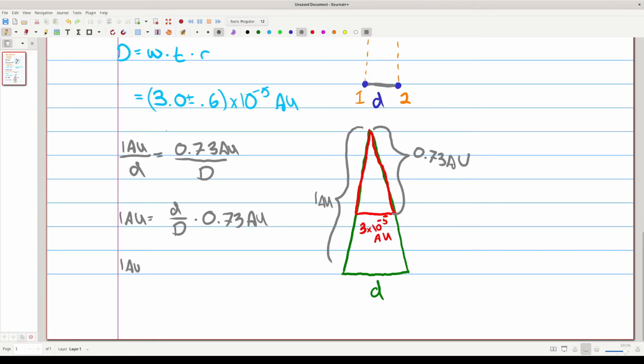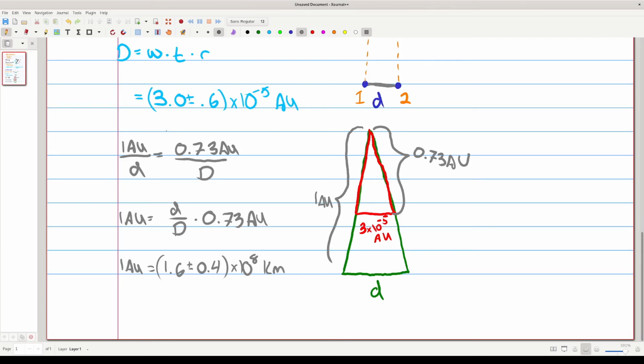So what we get is that 1 AU, after you do the calculation and all of your uncertainties, you're going to get 1.6 plus or minus, let's call that 0.4, times 10 to the 8 kilometers.